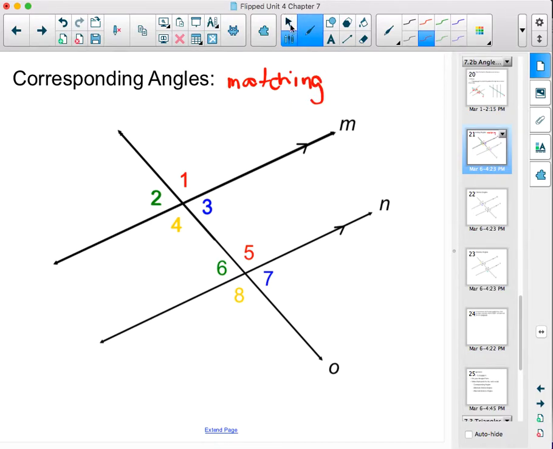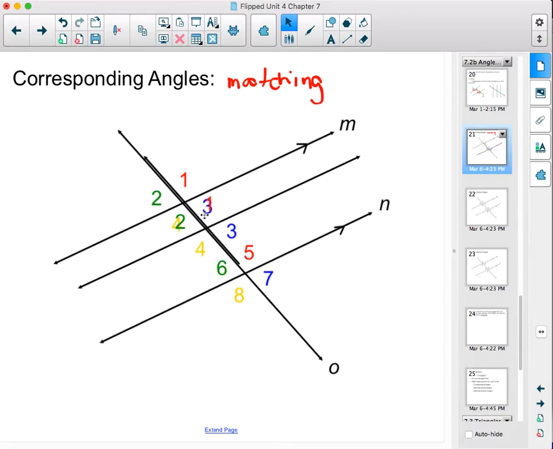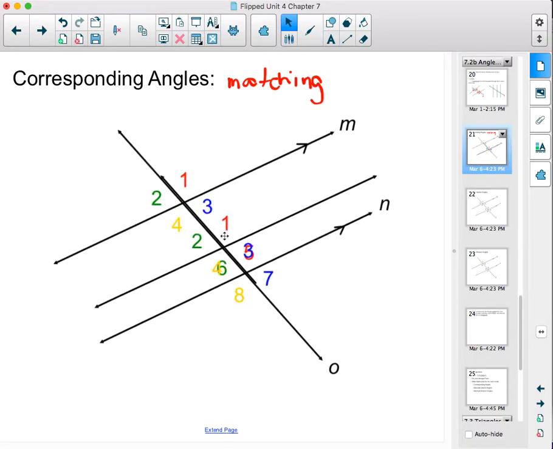I can prove that to you by taking my top 4 angles and sliding them down over the bottom 4 angles. Do you see how angle 1 and angle 5 matched up? Angle 2 and angle 6, angle 3 and angle 7, angle 4 and angle 8. That's what makes them corresponding. Their positions match. Their positions correspond.